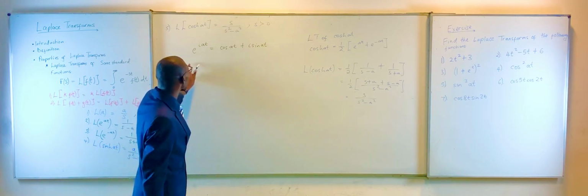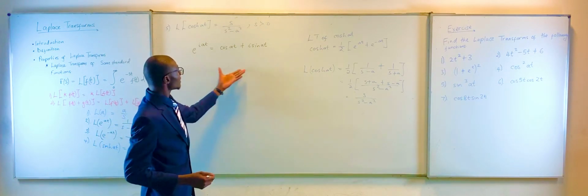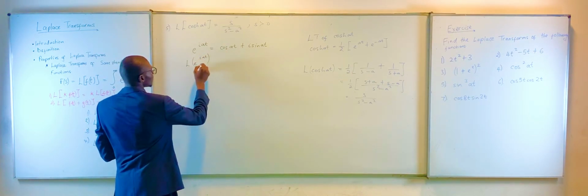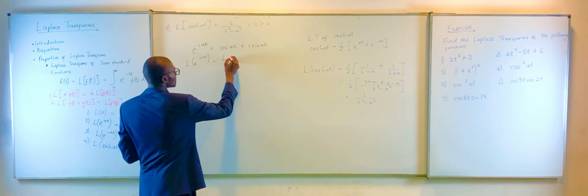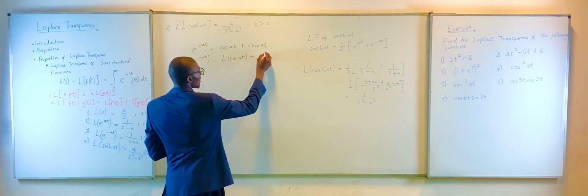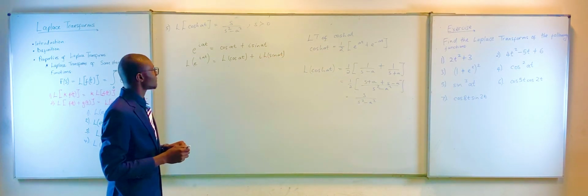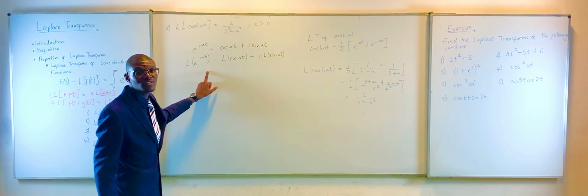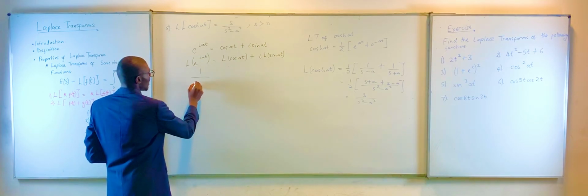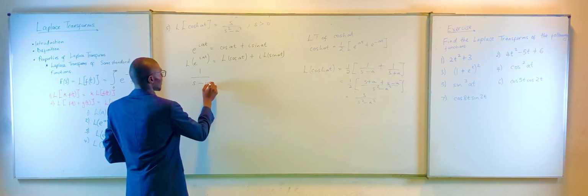So now if we evaluate the Laplace transform from both sides, the left hand side and the right hand side, we say that the Laplace of e to the power of iat should be equal to the Laplace of cos at plus i Laplace of sin at, like this. Then we know we can find the Laplace transform of this, and this will simply be 1 over s minus a, but in this case our a is ia, so ia.